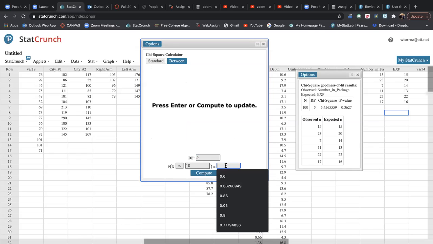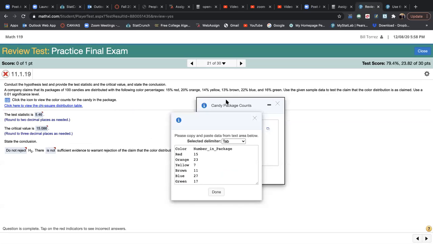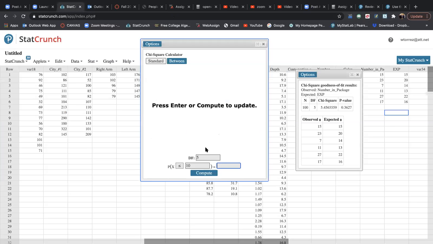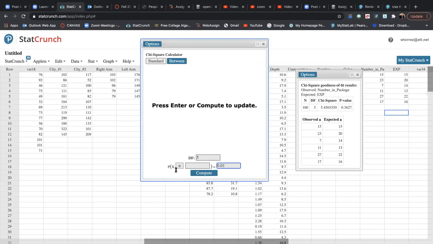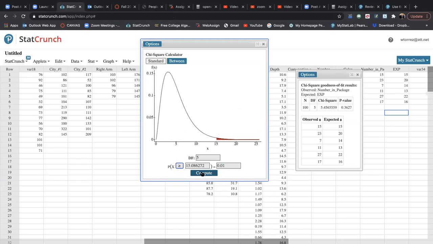And our area in the right tail is given to be 0.01. Okay, so let's put 0.01 in the tail. And now compute. That has to be reversed there. Okay, and we get 15.